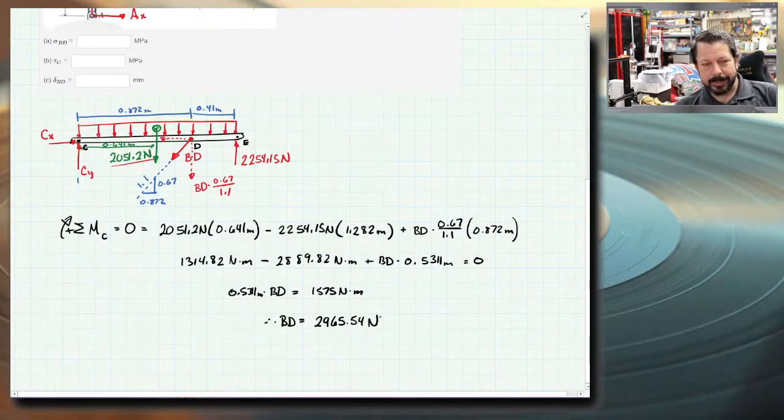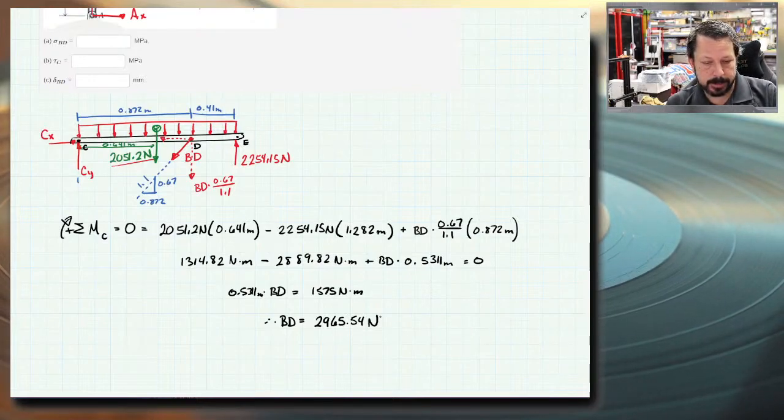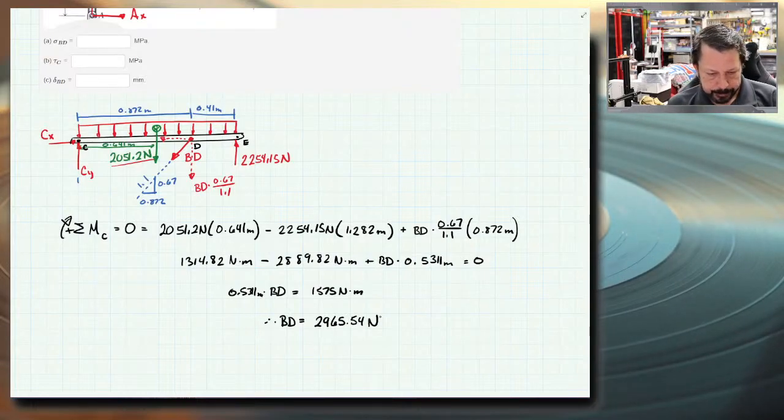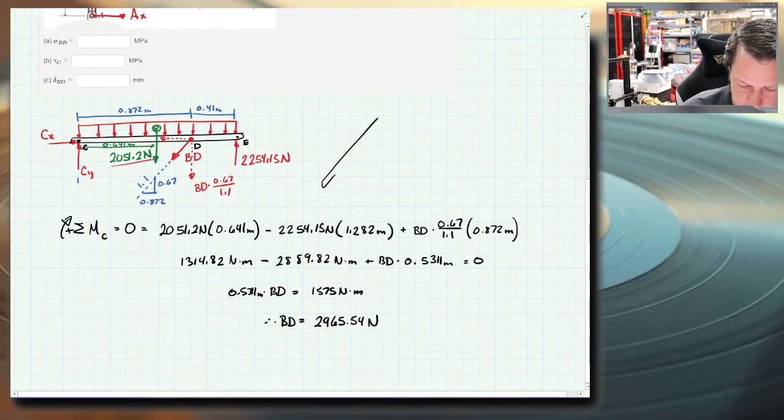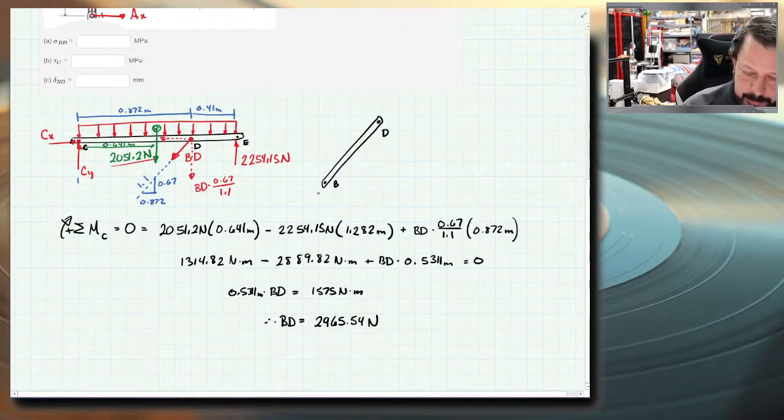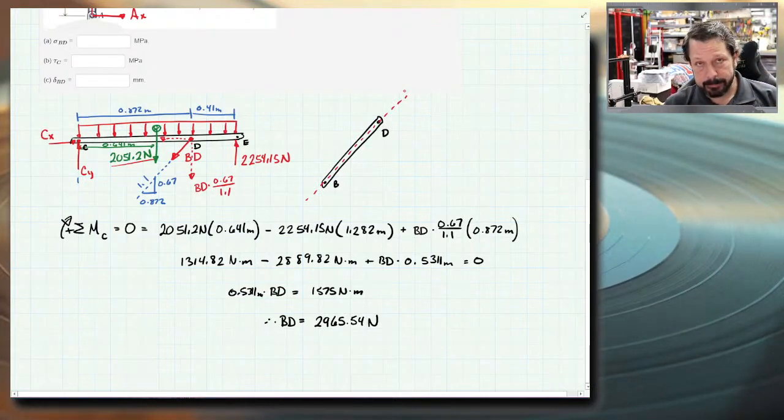Now you need to know which arrow did I draw. So I drew the arrow pointing away from the body, CDE. When I draw the arrows pointing away, that's of a member, an internal member force, then that means that it is a tensile force. Even though it looks like that arrow is pushing on member BD, if I were to draw member BD, remember, I have to put the same line of action, but it has to have the same magnitude, BD, the 2900 number, but opposite direction.